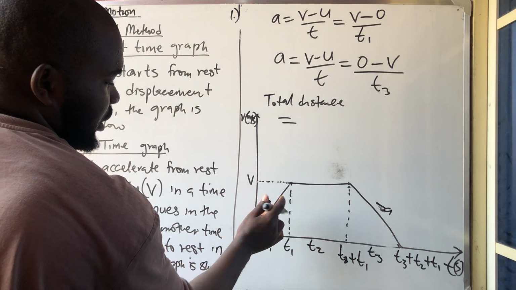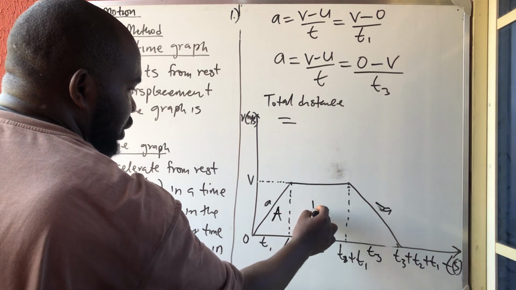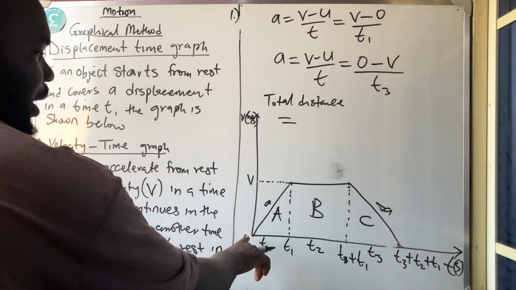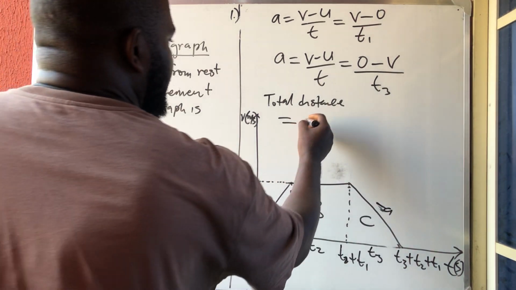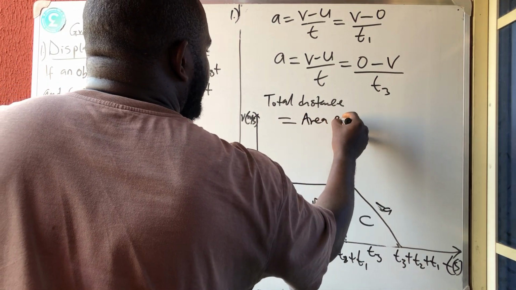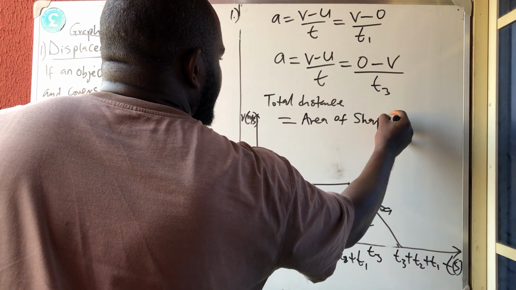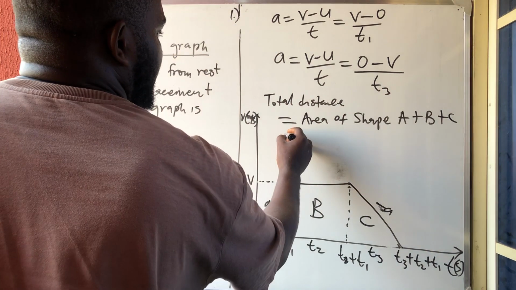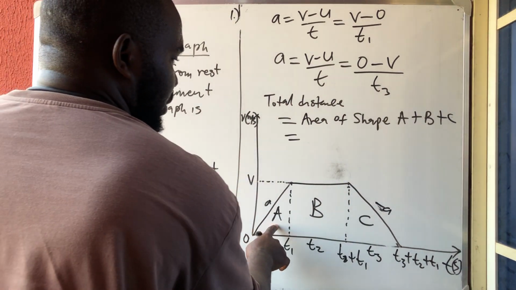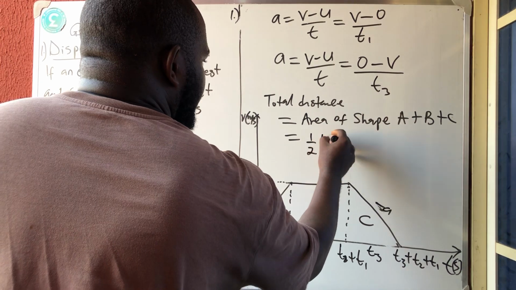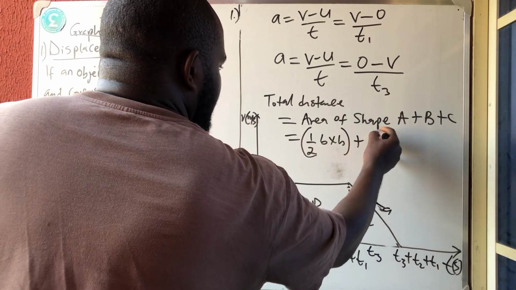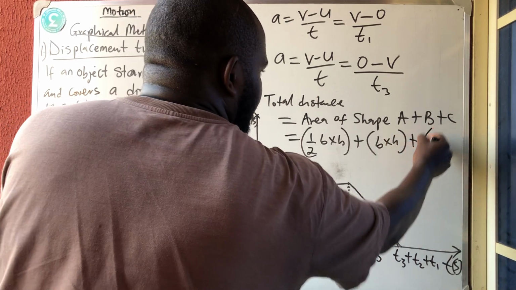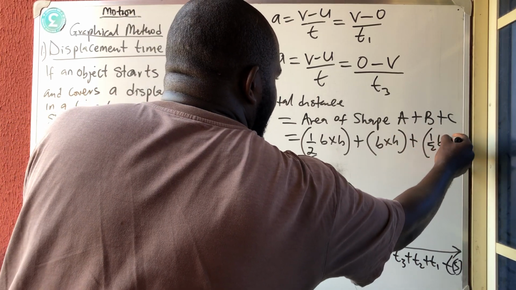If you look at the first one, I have shape A, shape B, and shape C. So the total distance covered, moving from here till it comes here, is the area of shape A plus the area of shape B plus the area of shape C. And if you look very well, you see that shape A is a triangle, so I'm having 1 over 2 base times height, plus this one is a rectangle, base times height, plus the last one is a triangle, 1 over 2 base times height.